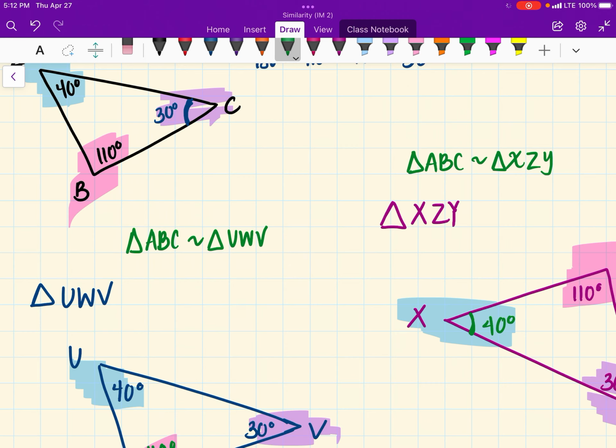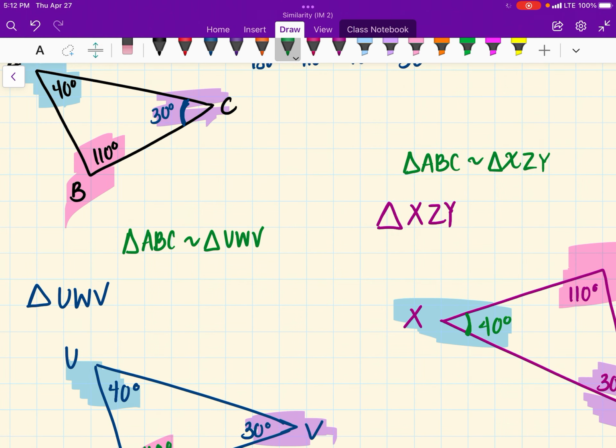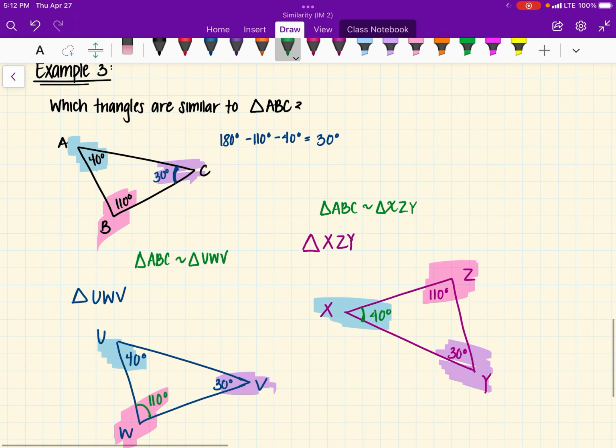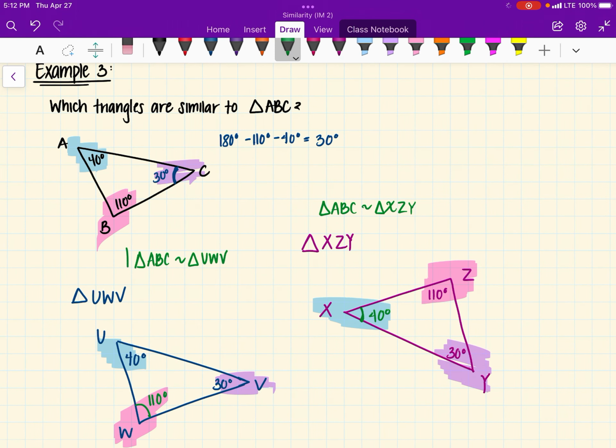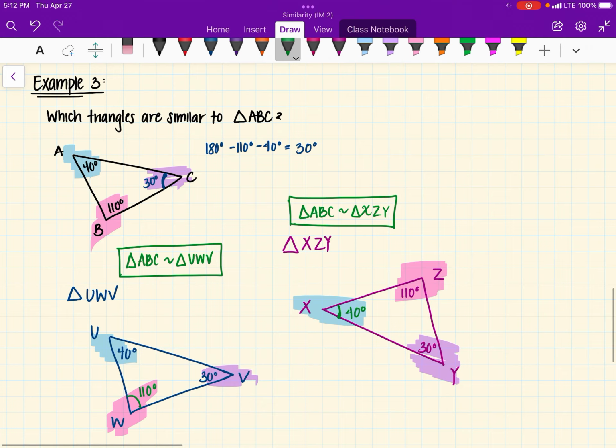And they're all going to be similar here. So once again, similarity deals with having the same angles in a triangle. We need to have the same angles.